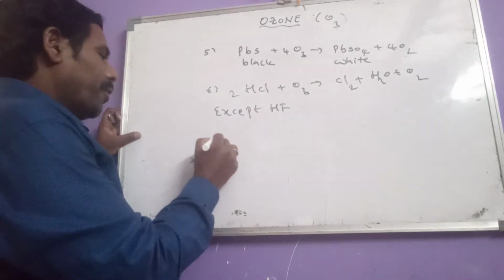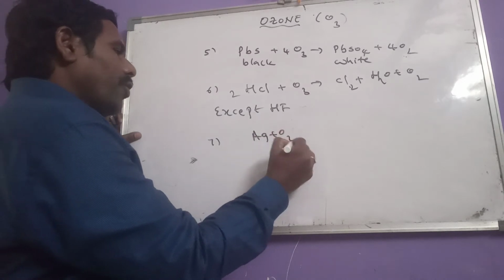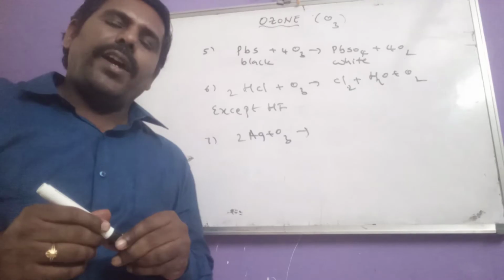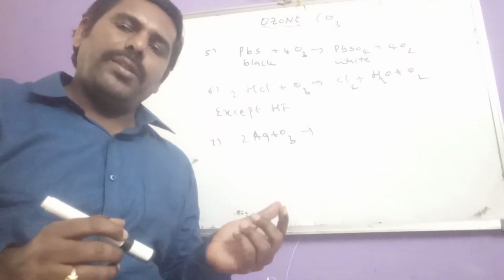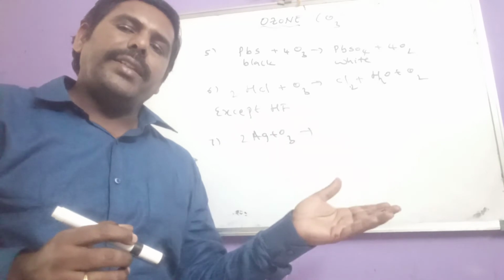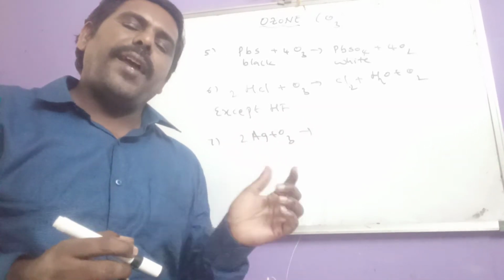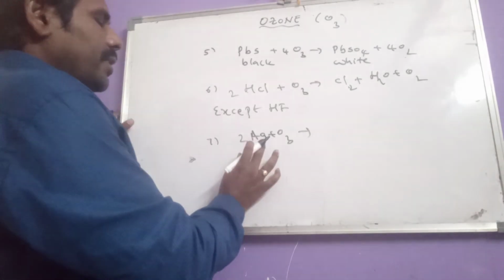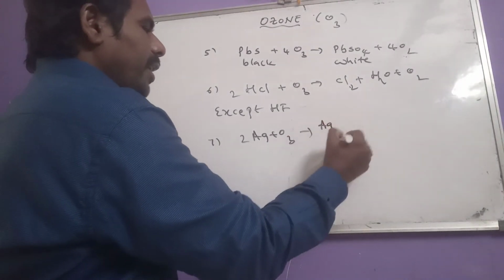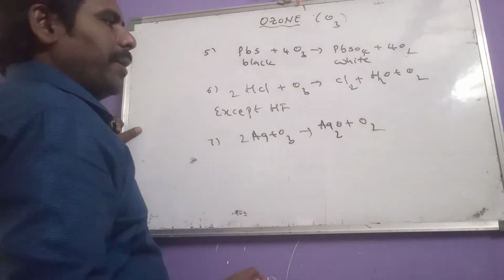Another important one: when silver is treated with ozone, the silvery white silver is blackened. Why did this happen? First, silver treated with ozone is oxidized to silver oxide and oxygen gas is liberated.